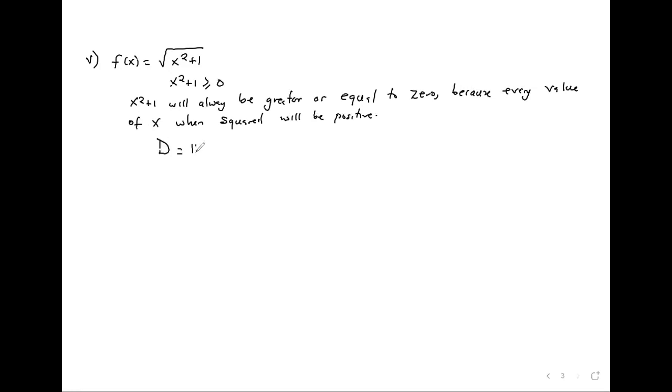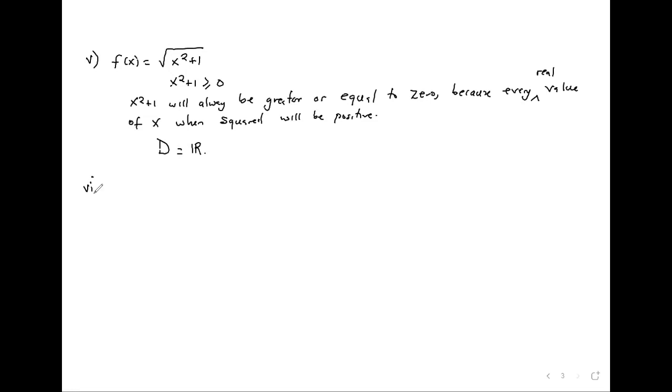Our domain will be all real numbers. It's defined for every real number. So here, if you want, you can say every real value of x when it's squared will be positive, because we always deal with real numbers in such functions.